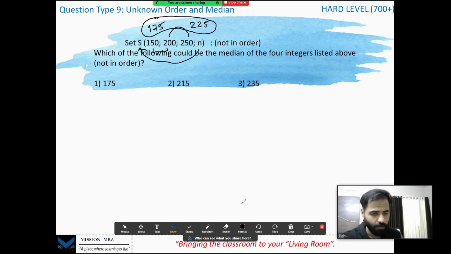225. No other possibility. You cannot get a median greater than 225, because even if n is 1001 crore, I don't care. This will be 150, 200, 250, and let us say infinity, very high number, doesn't matter. Again, your median is 225. You cannot get a higher median than 225. So what is this 235 doing here?